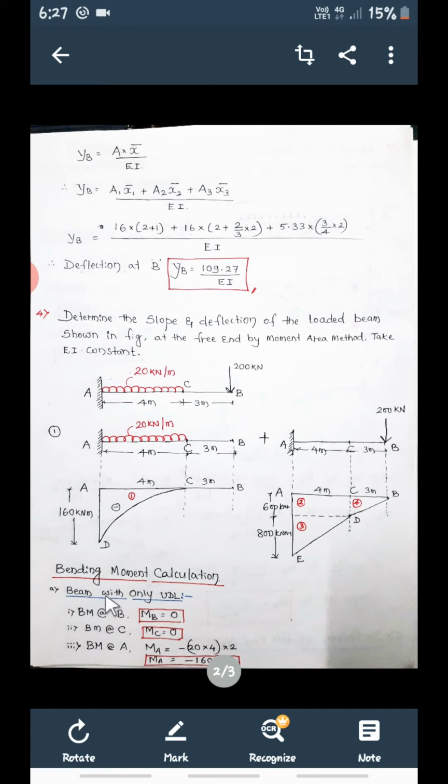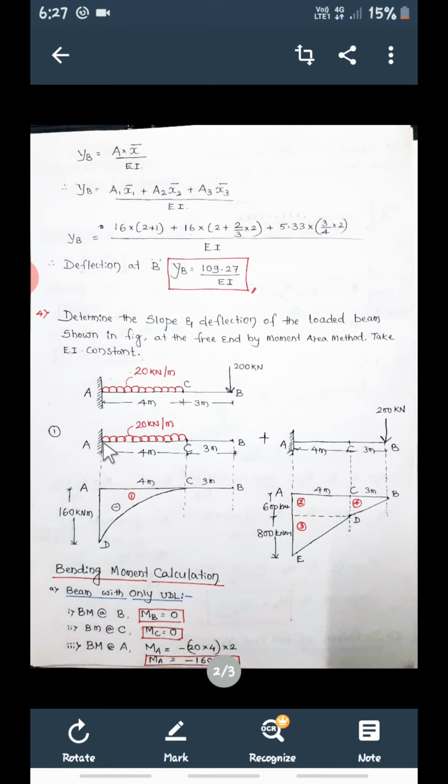Now, for the beam with only the UDL, you will consider this figure. Calculate the bending moment at B: it is 0. Bending moment at C: is there any load here? No. So the bending moment at C is also 0. Then bending moment at A is negative, because the beam will bend like this, hogging. So MA equals minus 20 into 4, which becomes the point load, into the perpendicular distance, which is half of 4, that is 2 meters.